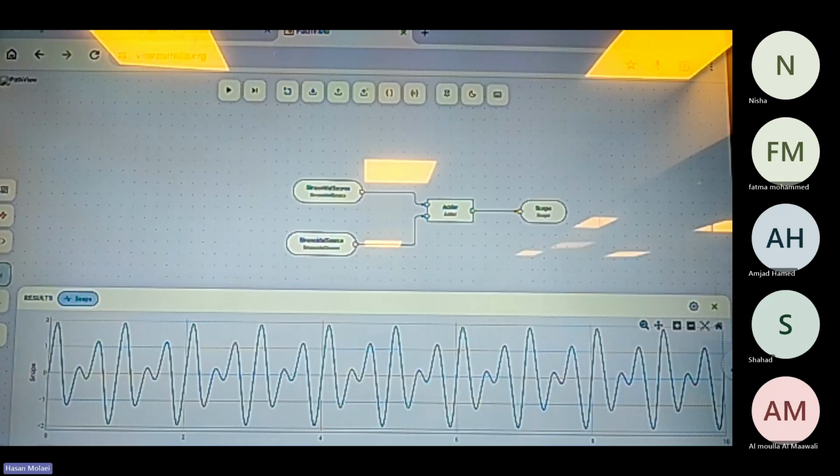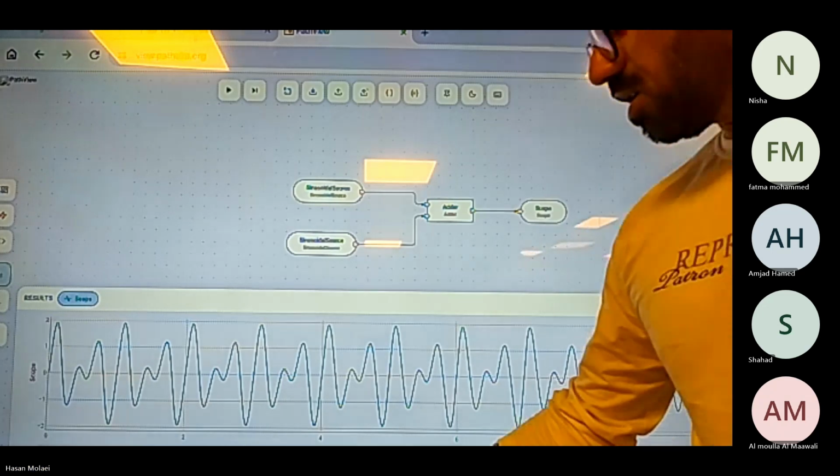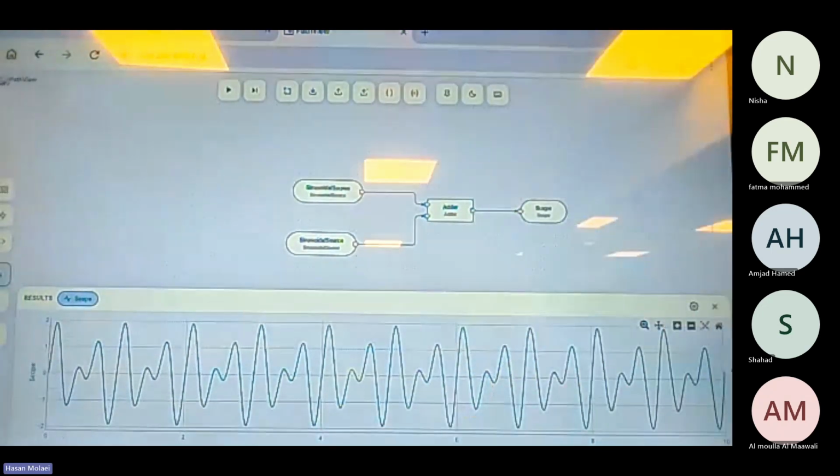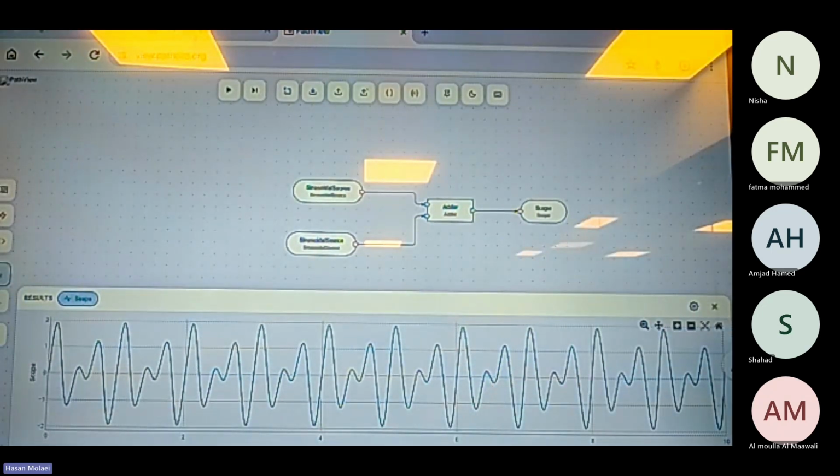We have 1/2 and 1/3 for the periods. 1/2 plus 1/3 is 5/6 for the period, which means the frequency is 6/5, a bit bigger than 1 Hz.